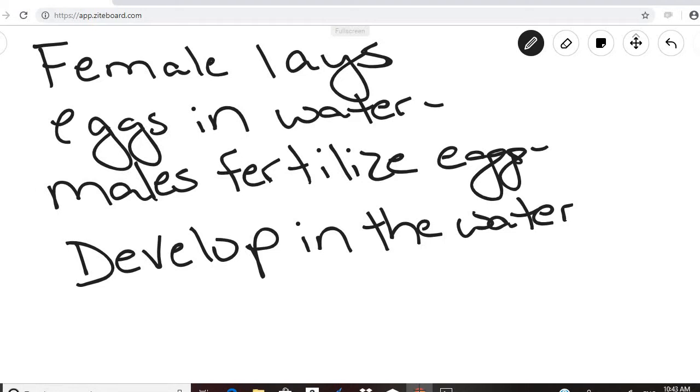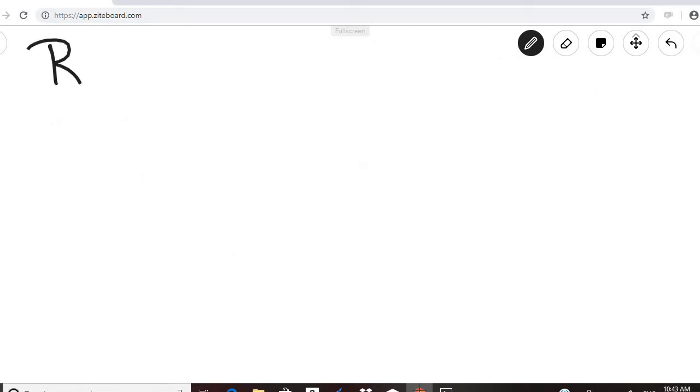So they have external fertilization, and they are oviparous. Let's go ahead and look at their circulatory system and their respiratory system.